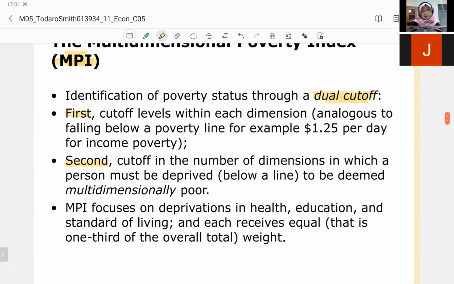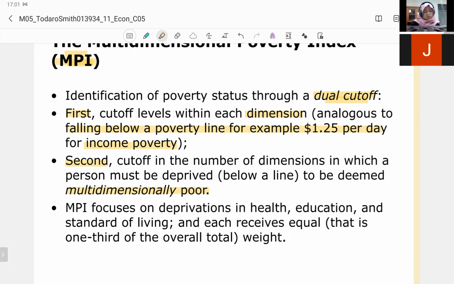So the first is basically the cutoff in the dimension, like for example, falling below a poverty line if they spend less than $1.25 a day. So this is the dimension of income poverty. And then the second one is the cutoff in the number of dimensions in which a person must be deprived to be deemed multidimensionally poor.